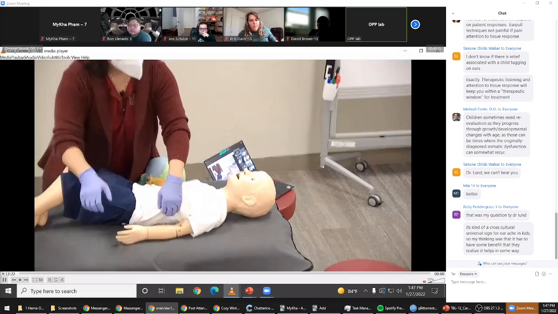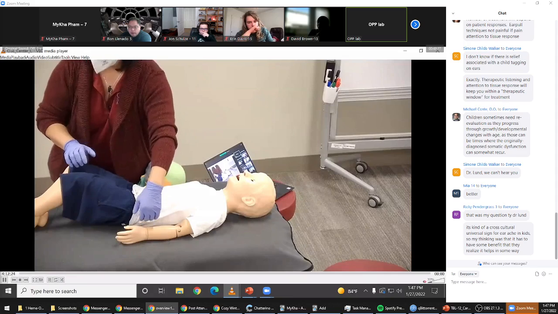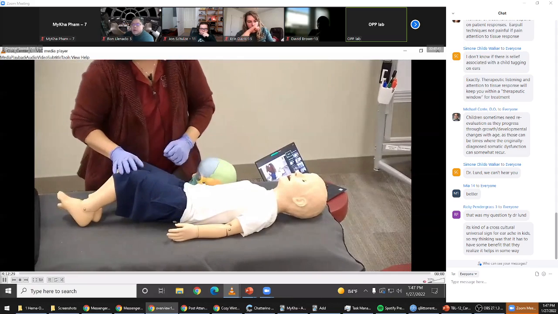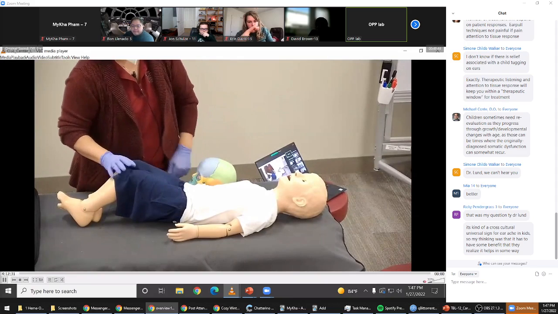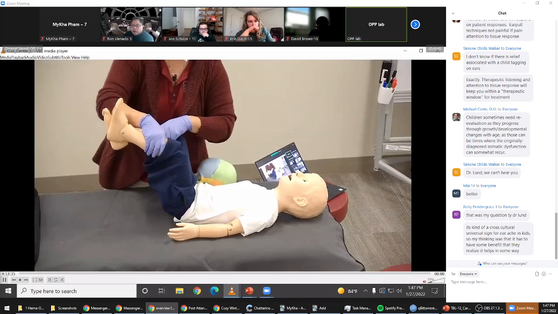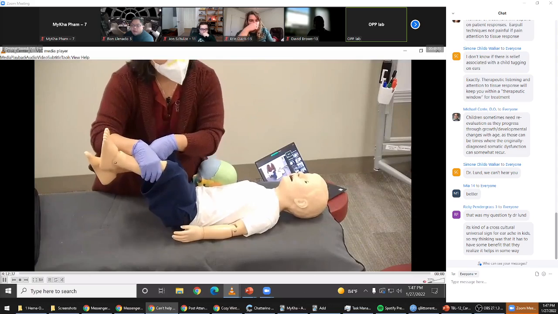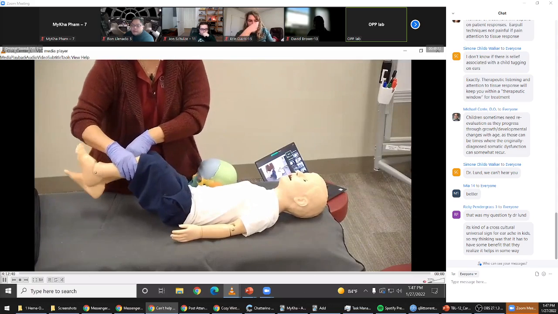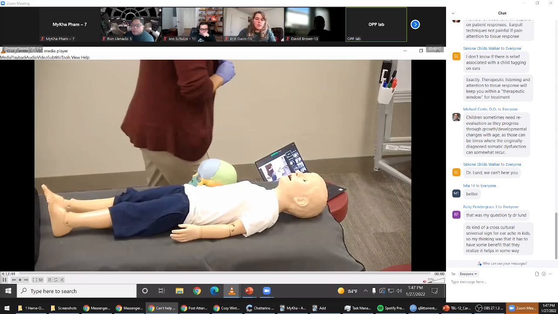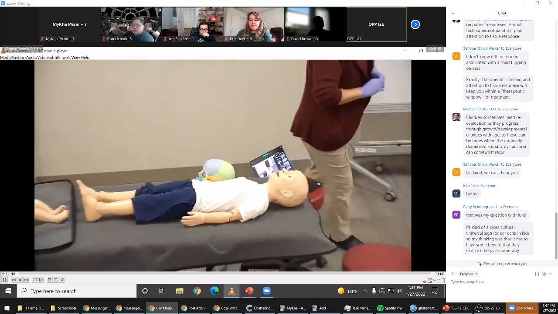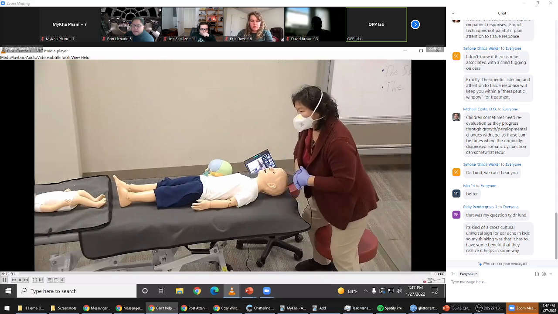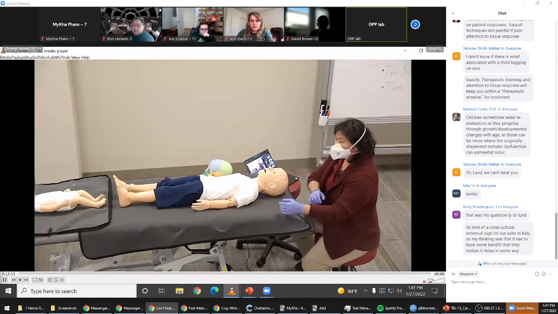You remember that? You could do something as simple as that. You could do something as simple as totally flexing the hips and rolling their pelvis side to side to help address some of those lumbars. Part of it with children is to be creative, to be gentle, and to make it fun while you're doing the things that you're doing.